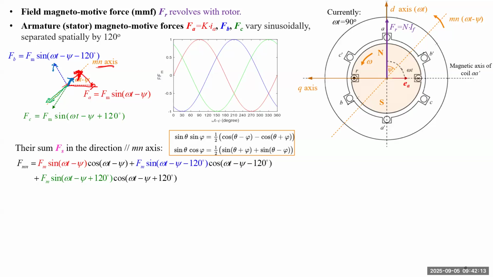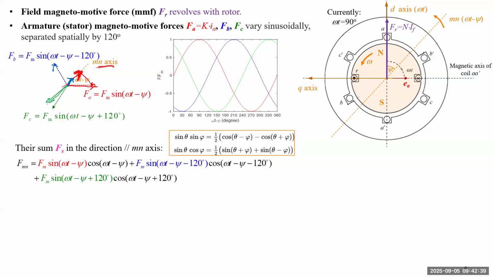So there are 3 items, and each item will generate 2 items. The second one is 0 because they have the same angle, so sine 0 is 0. So the second item doesn't exist. The first item will be the sum. But when you have 3 sine functions whose angles are displaced by 120 degrees, the sum will be 0.